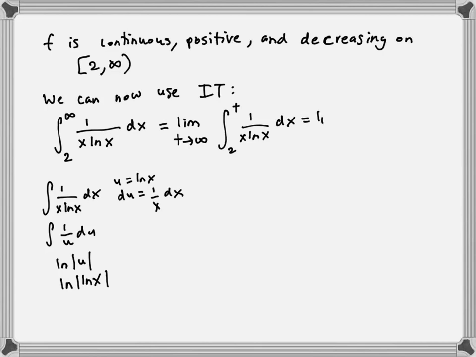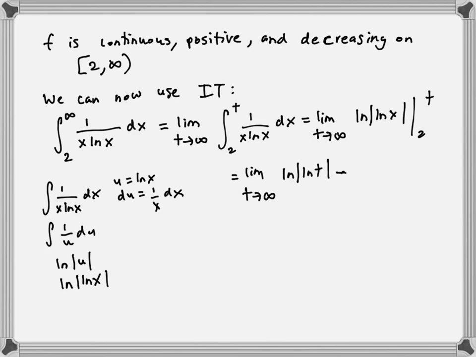So if we come back to here, this is the limit as t goes to infinity of ln of x. We're going from 2 to t. So this is equal to the limit as t goes to infinity of ln of t minus ln of 2. Now, ln of 2 is positive, so I don't really need absolute values for this because it's already a positive number. But what do you get when you send t to infinity?